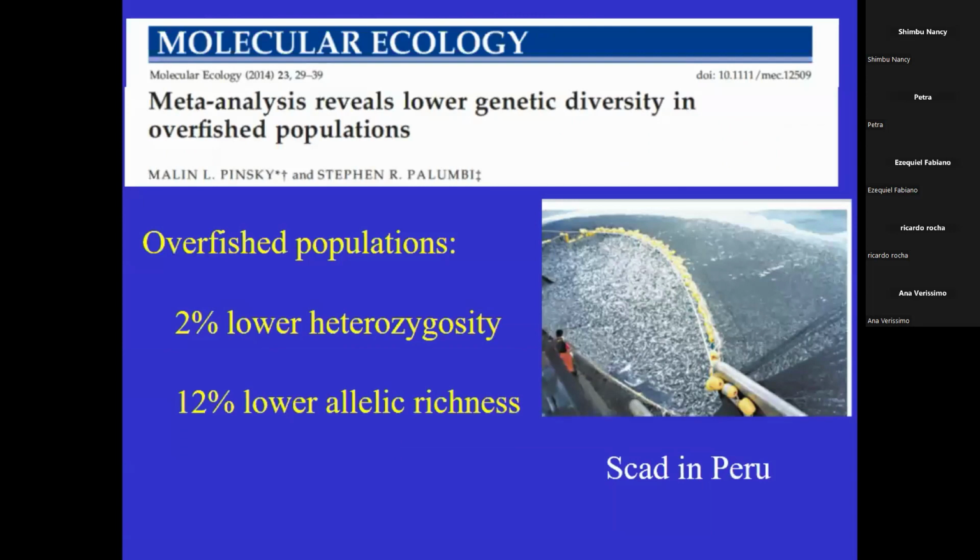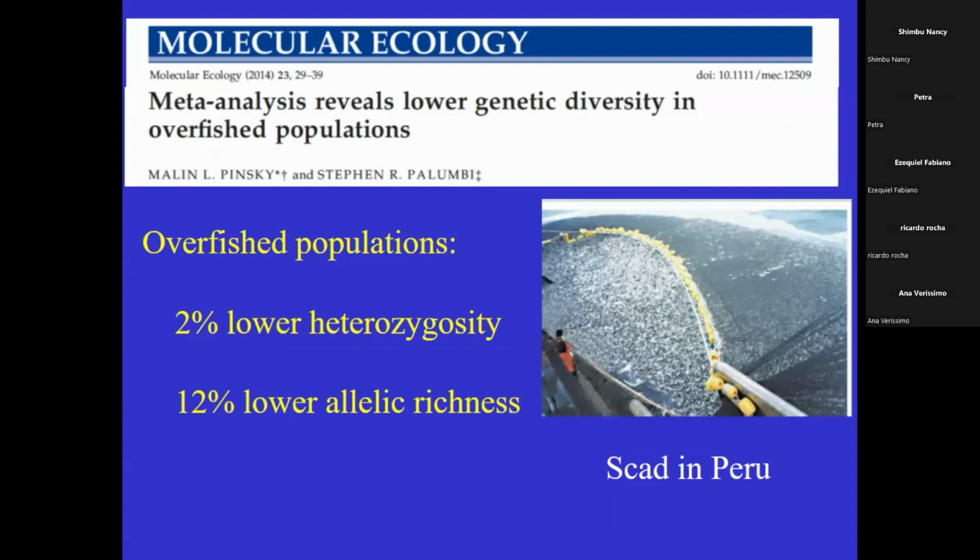This has been shown, well, not shown, but to support this idea, this is a paper published by Pinsky and Steve Palumbi 10 years ago, where they looked at populations of the same species that were overfished and not overfished.